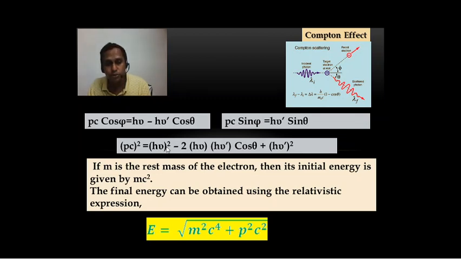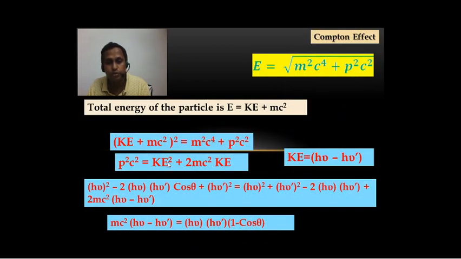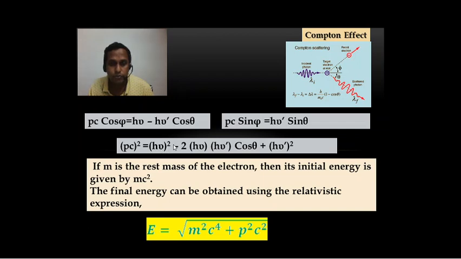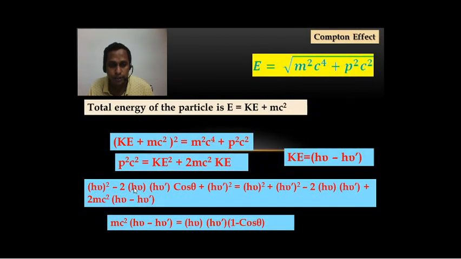So we can write (hν)² − 2hνhν′ cosθ + (hν′)² equal to (hν − hν′)² + 2mc²(hν − hν′). On the right hand side, the kinetic energy squared expands to (hν)² + (hν′)² − 2hνhν′, plus 2mc² into the kinetic energy hν − hν′.